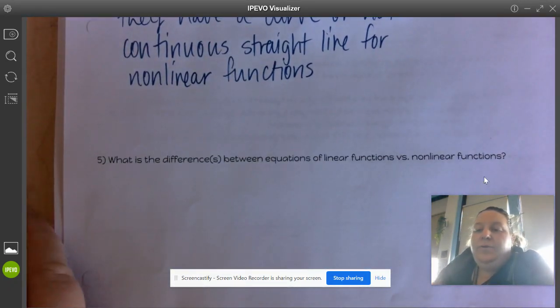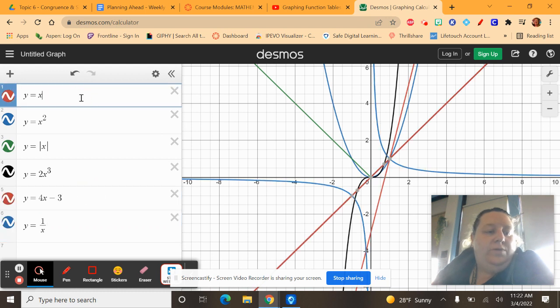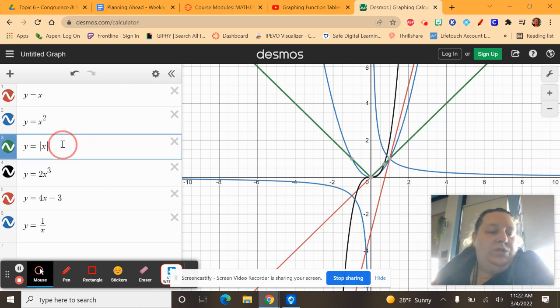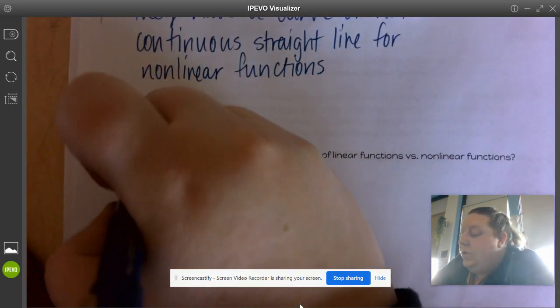And then if we compare those equations, once again, in red, we have 4x minus 3 and y equals x. Well, two of them have exponents, and then two of them are using operations other than multiplication, addition, and subtraction. So that would be the difference in the equations.